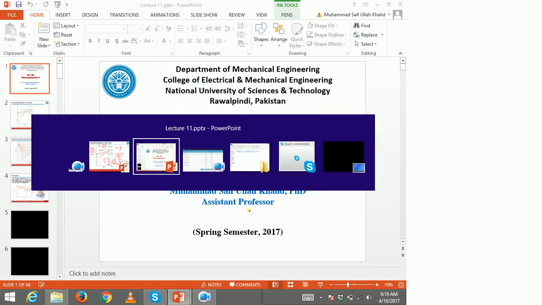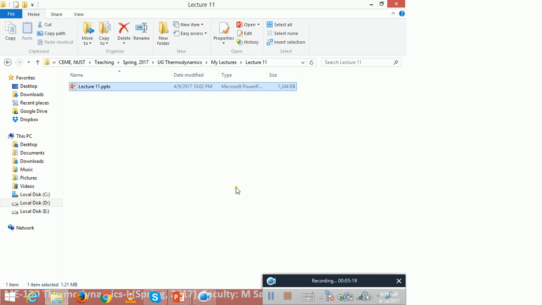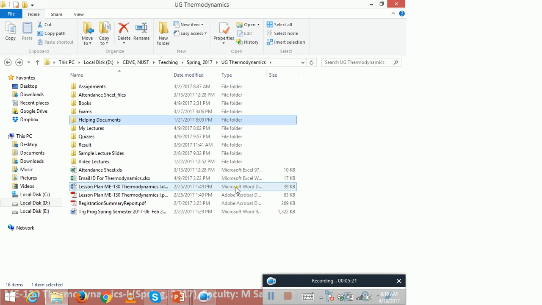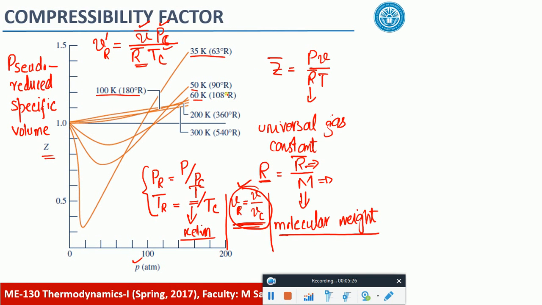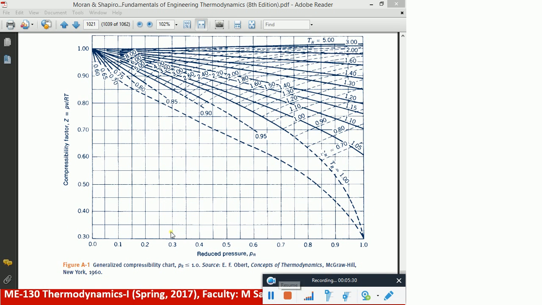Now, let me show you, okay, gentlemen, this is that compressibility chart. Okay.